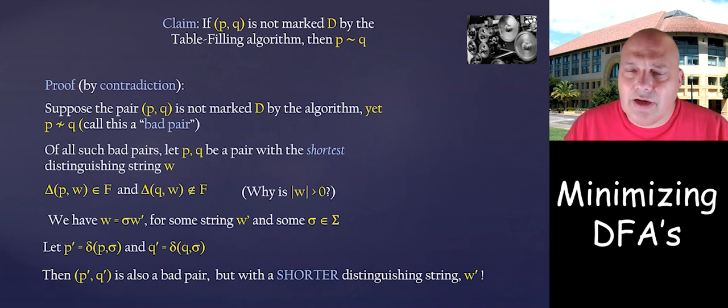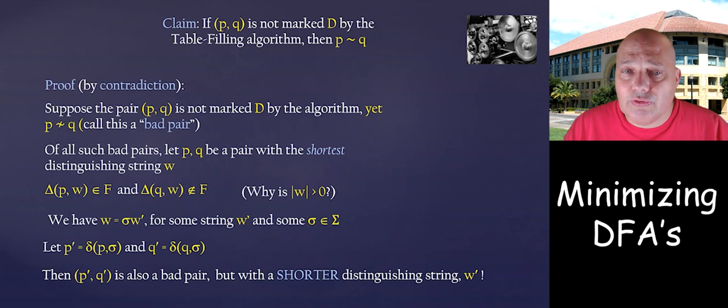And in this algorithm, we are uncovering distinguishing strings that are always larger by at most one than the previous distinguishing string. So this entire algorithm as a byproduct also gives us a bound on the length of the minimal distinguishing string.